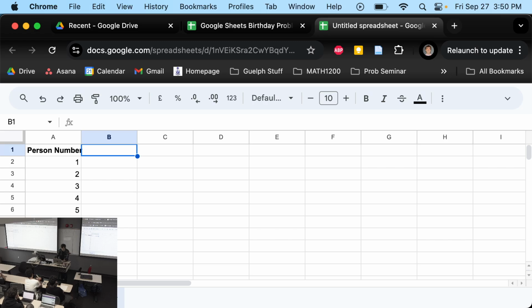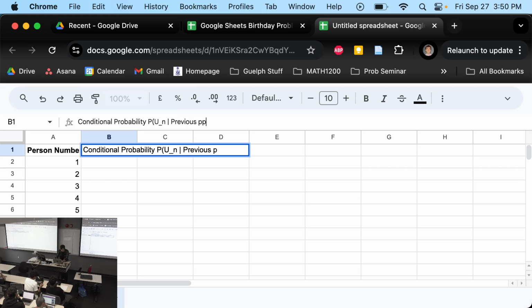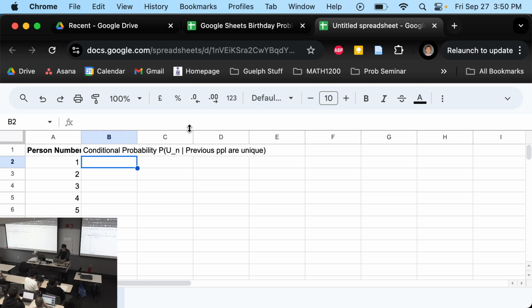Here is the conditional probability. This is what we calculated: the probability of a unique birthday given the previous guys are unique. So this is exactly the thing that was 365 minus something, divided by 365.